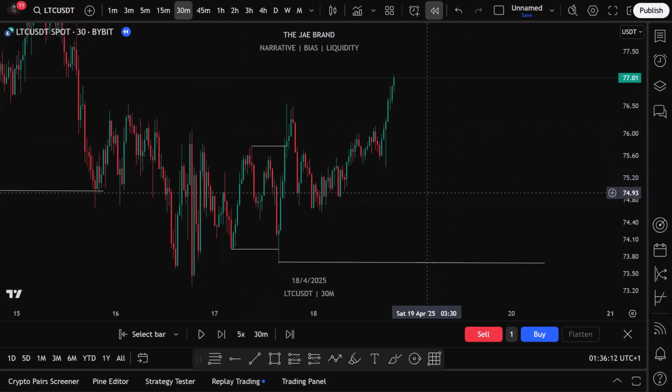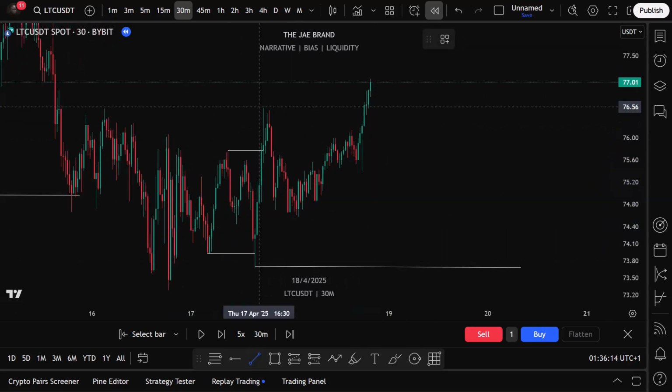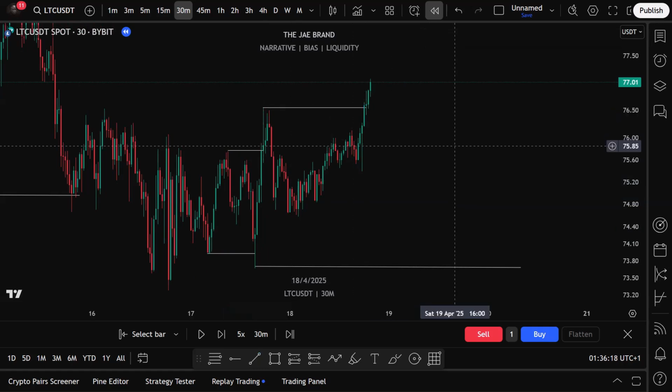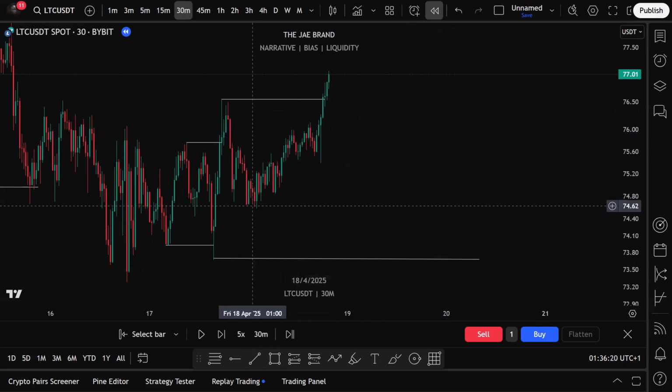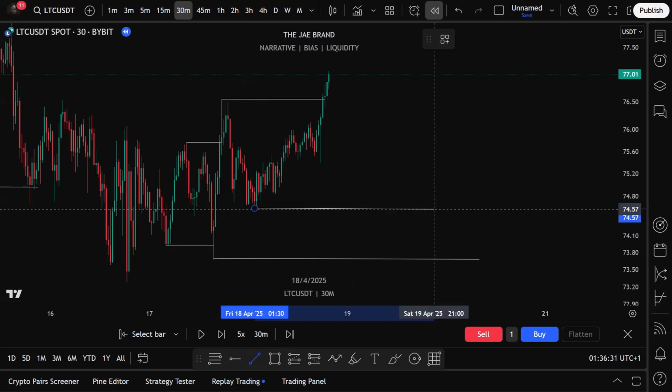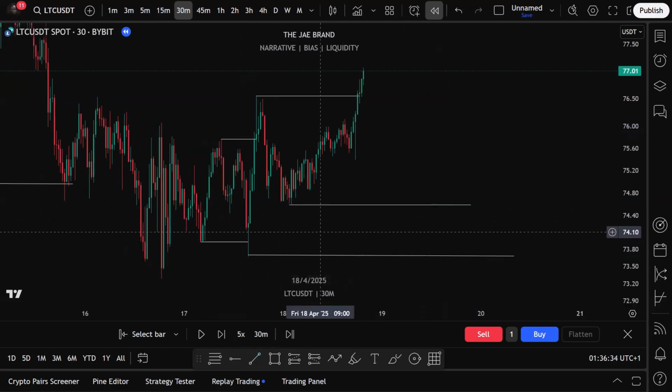And then there is another confirmation of another break of structure, which is where transactional liquidity has been taken. And look at this incomplete pullback, which is known as our structural liquidity.